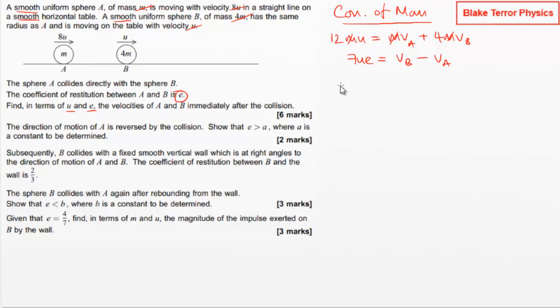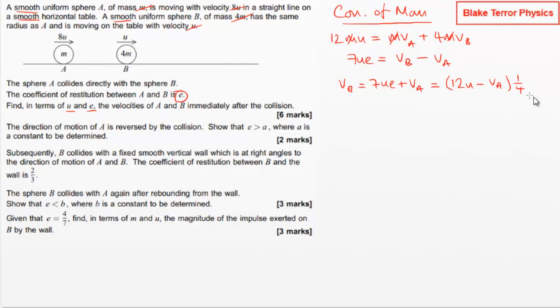So we've got VB is equal to 7UE plus VA from the bottom equation, and that is going to be equal to 12U minus VA, all divided by 4. So we can solve this for VA.